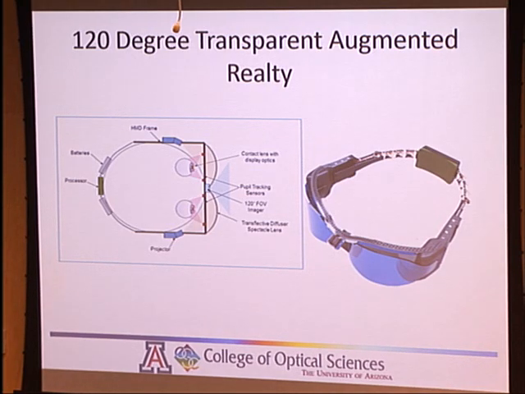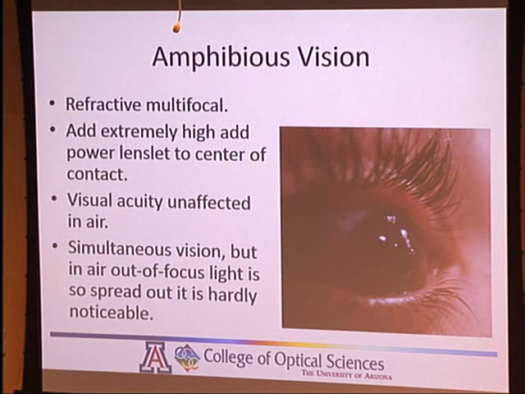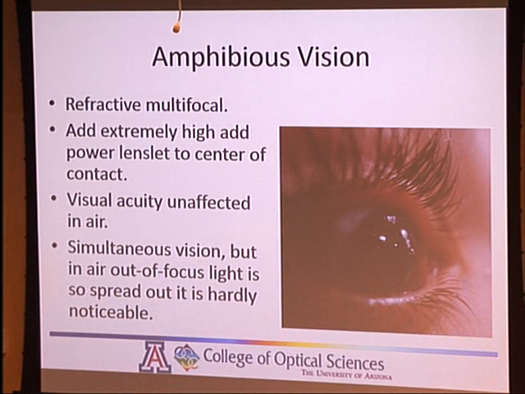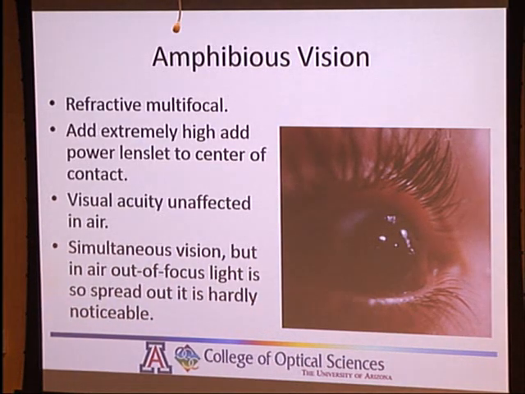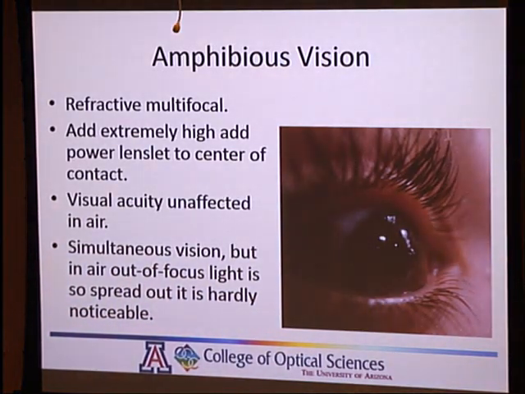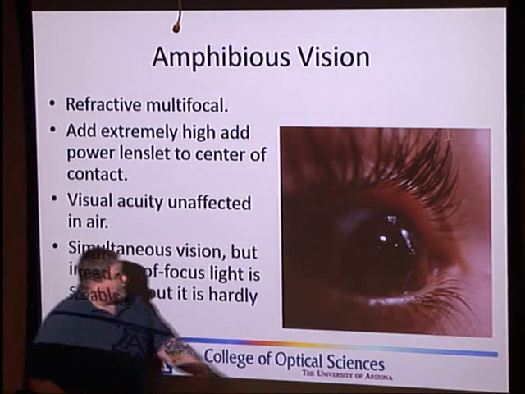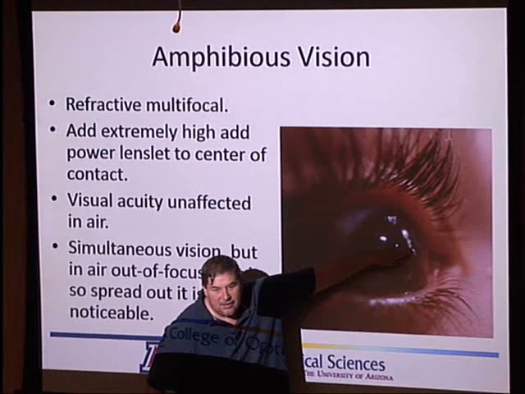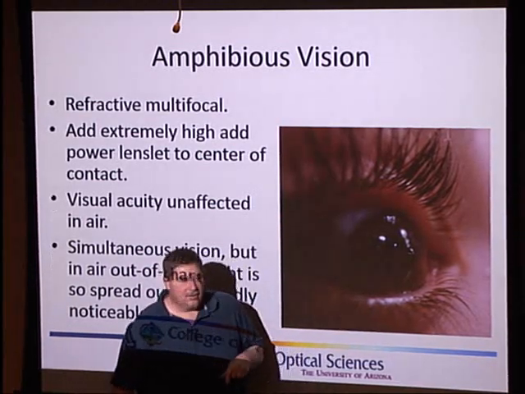Now we can take the same concept too, and I'm going to shut the light off for a minute here. It's kind of hard to see on the screen, but there's this big bump on the surface here again.